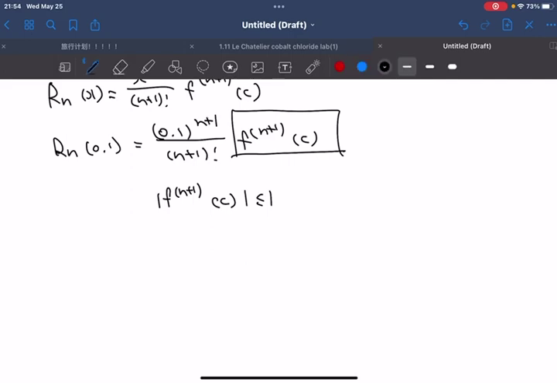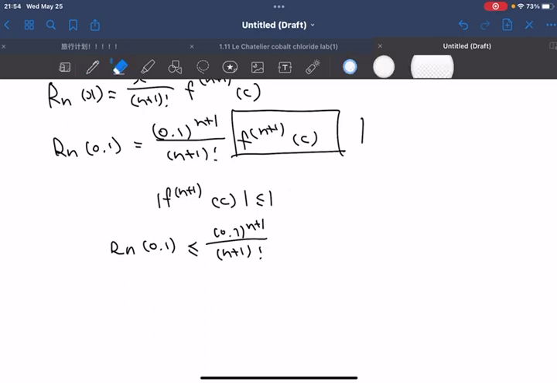So it becomes R_n(0.1) is less than or equal to 0.1^(n+1) over (n+1) factorial.